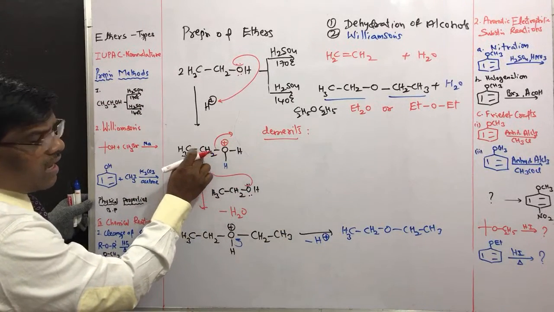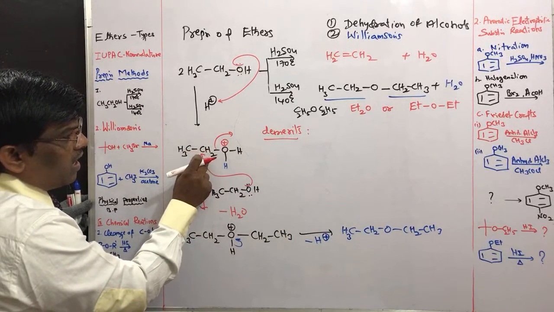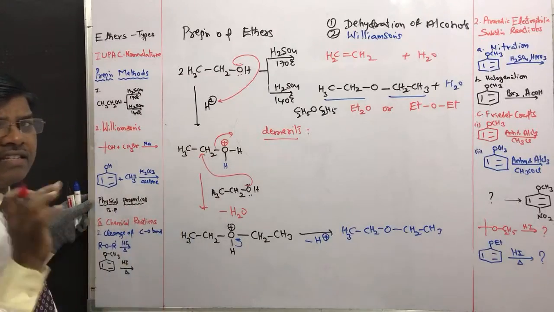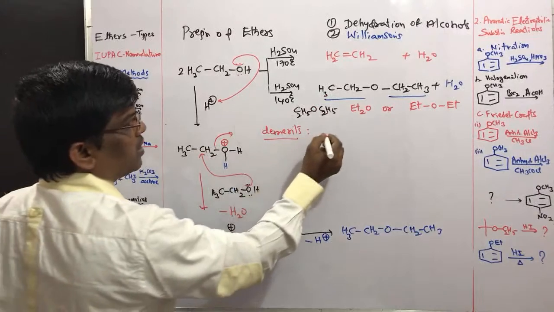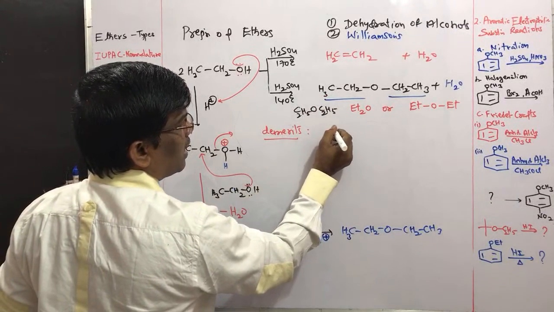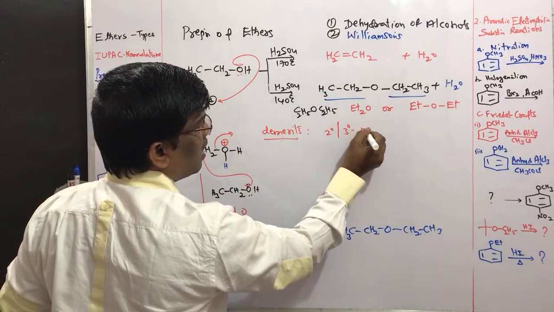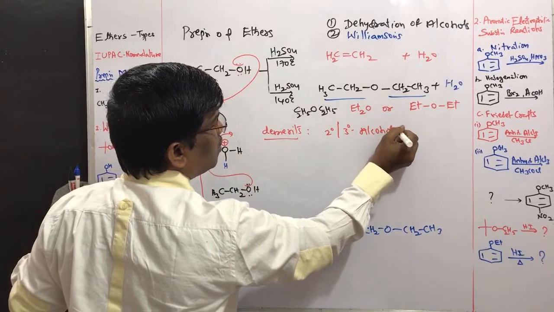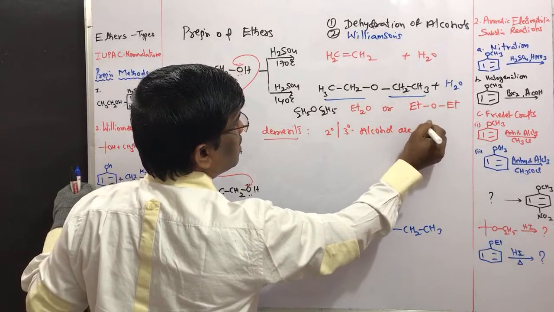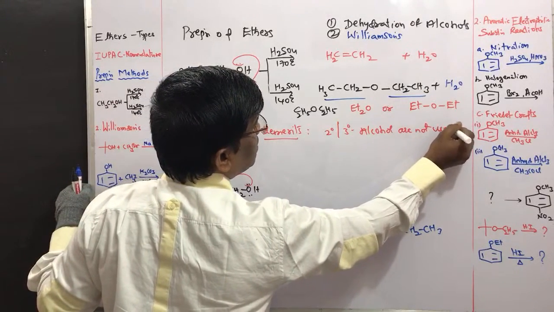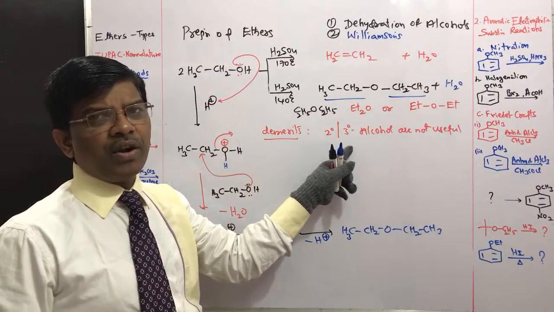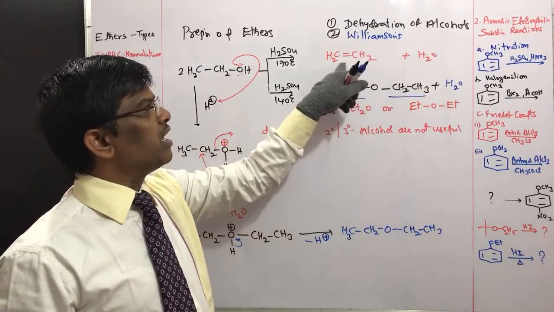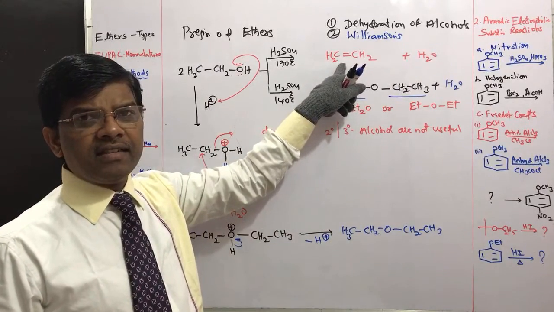If I take a secondary alcohol or tertiary alcohol, it is not going to give ethers. It is going to give elimination products. So secondary or tertiary alcohols are not useful in this method, because they undergo elimination reaction to give alkenes.